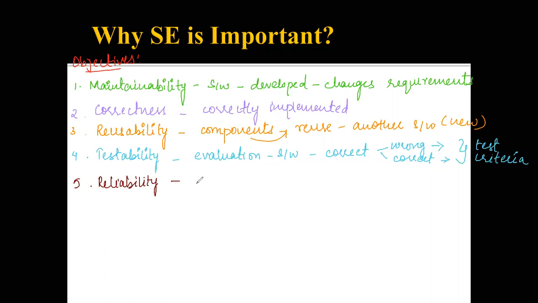That is reliability: a program can be expected to perform the desired function. Suppose you want to do addition within the calculator of the system, then it should give you the desired result.